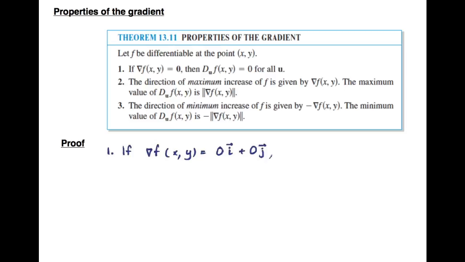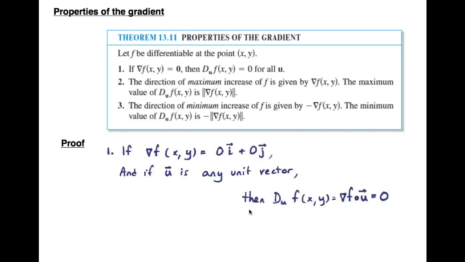If del f is equal to 0, note that this is a vector 0, unlike the directional derivative, which is the scalar 0. If del f equals 0i plus 0j, then if u is any unit vector, clearly using the fact that D_u is the dot product of del f and u, we have D_u f equals del f dot product u equals 0.